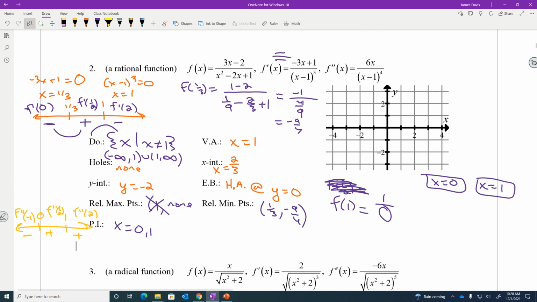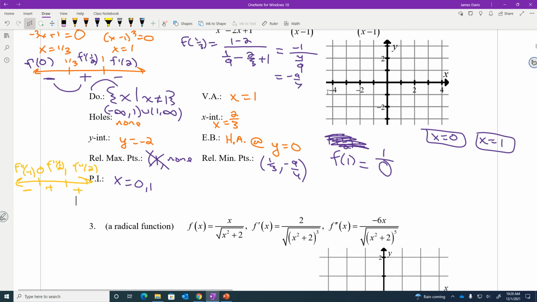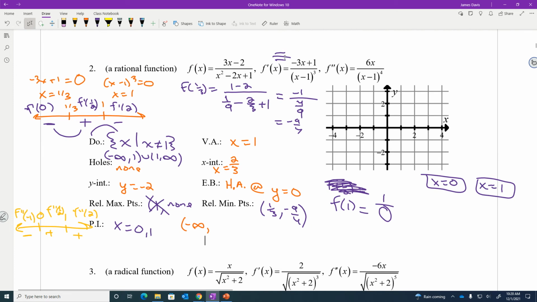So let's see what all we got here. If you want to combine these, you can. It's totally up to you if you want to take the time to do this or not. Maybe you might not have time to do all this, but start from negative infinity to your first either critical number or inflection point.